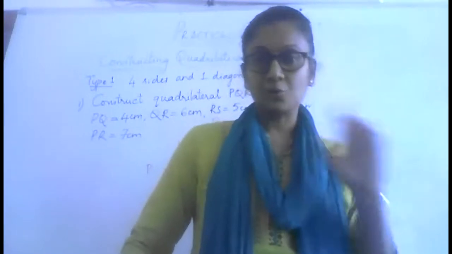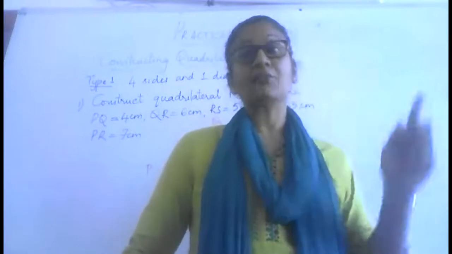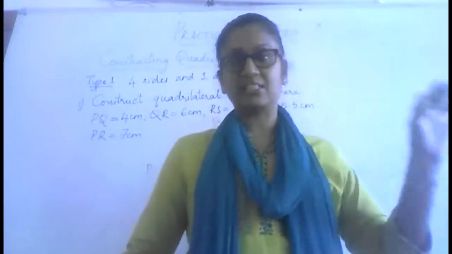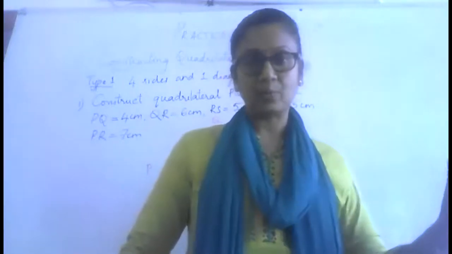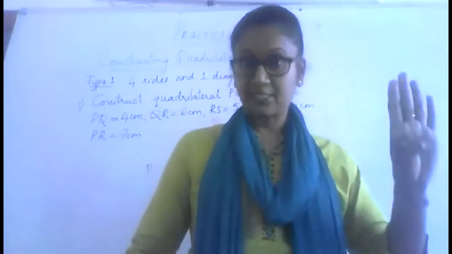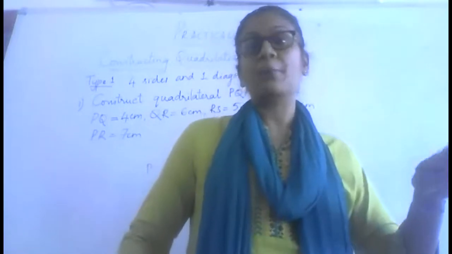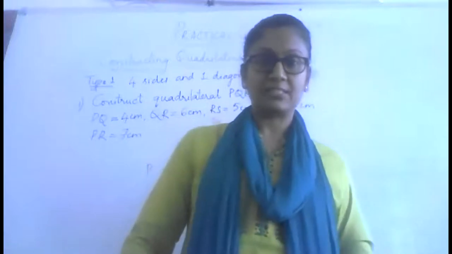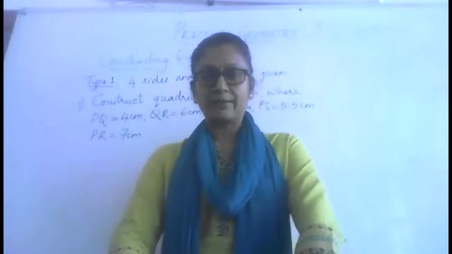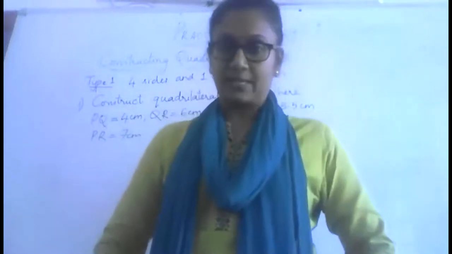That means a unique quadrilateral requires the 5th measurement, which will make it a unique or distinct one. Only one and only one quadrilateral can be constructed when 5 measurements are given. But if you restrict it to 4 measurements, then multiple quadrilaterals can be constructed, which is not correct. Alright, so now we are going to start with the construction of quadrilaterals.